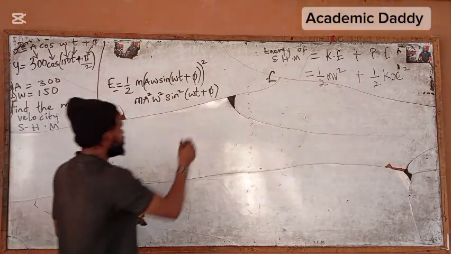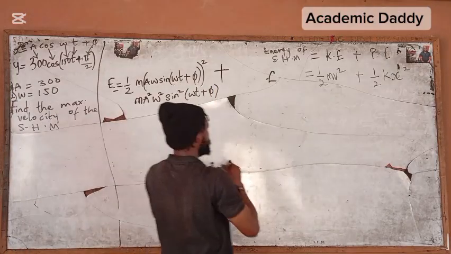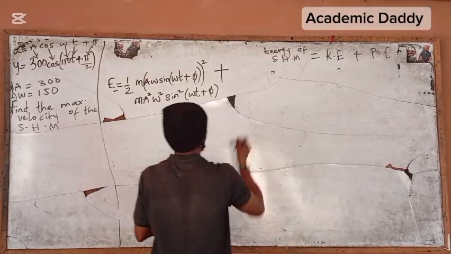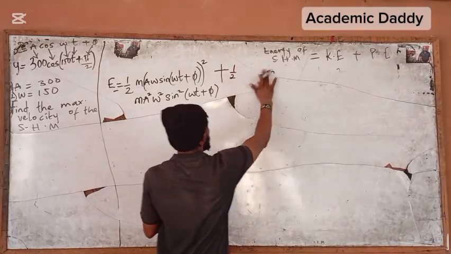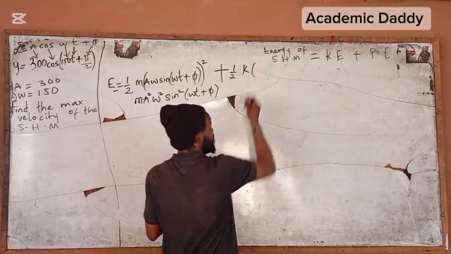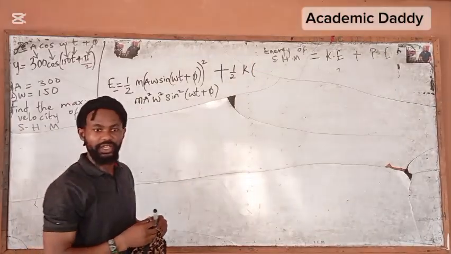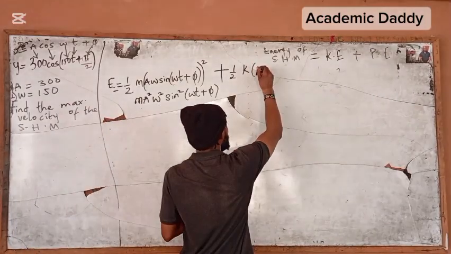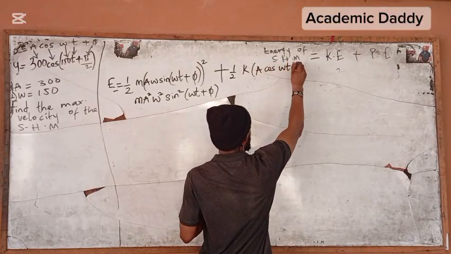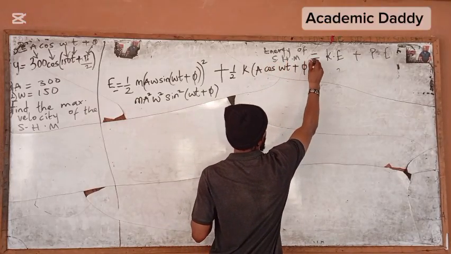Now plus half K, then X, we have the equation for it: A cos (WT plus phase angle).